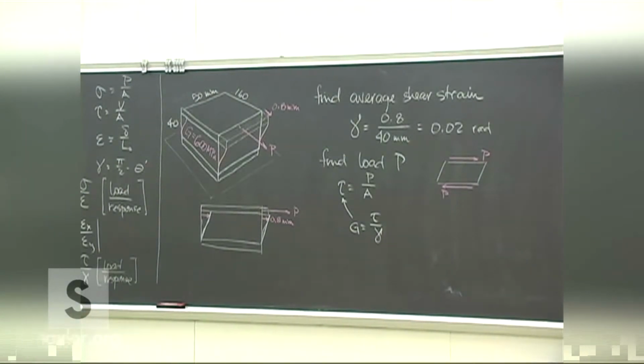Got a lot of areas in these problems. We've got to make sure that we actually have the right area in the calculation. A lot of areas, a lot of dimensions, a lot of changes. Lots of units.